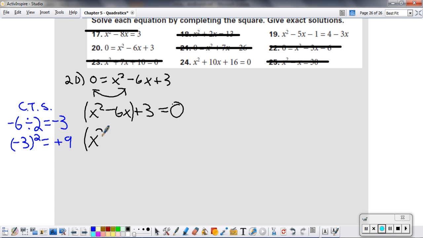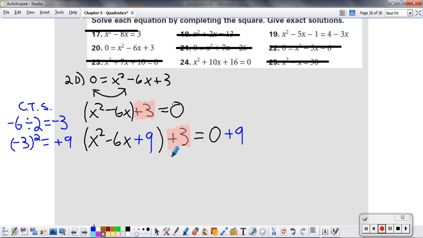So I get x squared minus 6x plus 9 plus 3 equals 0 plus 9. I hope you're okay with what we're doing right now. So just to make a point, this plus 3 just came down here, plus 3.